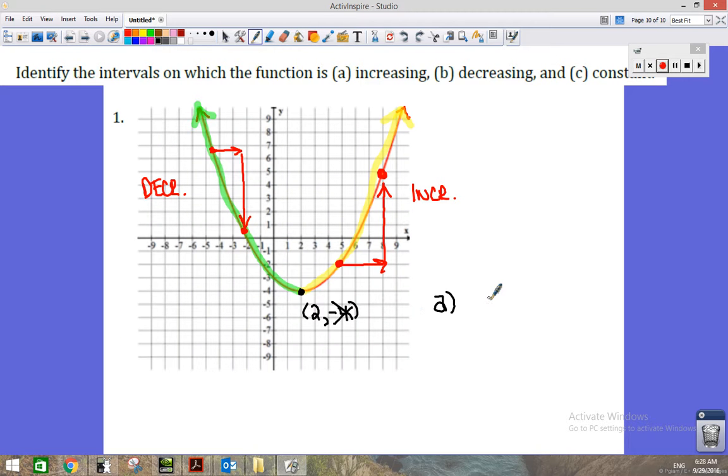So that's 2, comma, and now I come along here, and when I hit this arrow, that arrow is indicating that you're going to the right, but you're also going up. X is approaching positive infinity, y is also approaching positive infinity. But we know as you go from point to point, as x increases, y will also increase if the points of interest have x-coordinates that are bigger than 2.